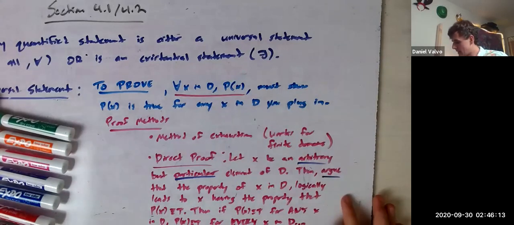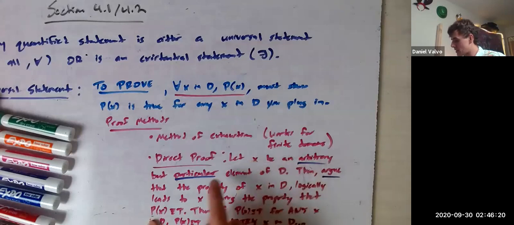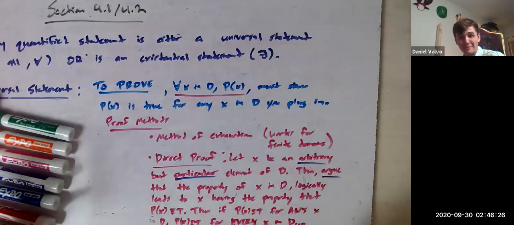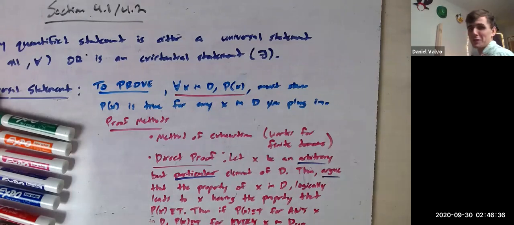Anyway, this last step is subtle. Once you've proven that for any x in the domain, p of x is true, well, if it works for any of them, it's got to work for all of them, right? Does that make sense? If any Virginia Tech Hokies player is a beast, that means every Virginia Tech Hokies player is a beast. You can't find a single one that's not a beast. That's a true statement.